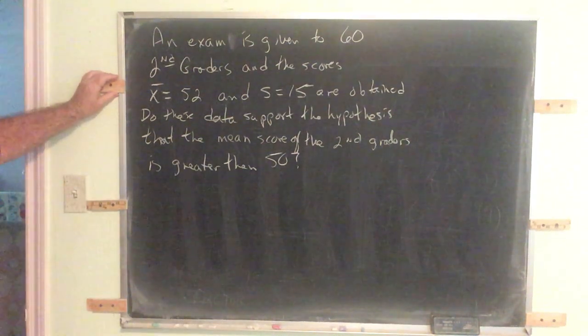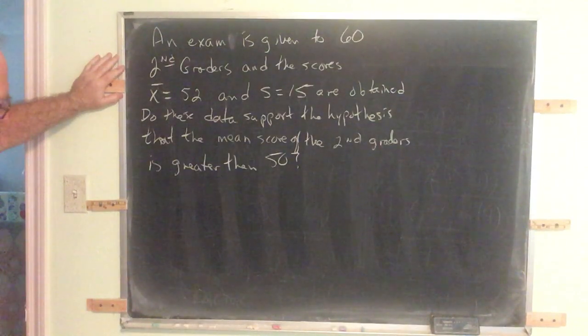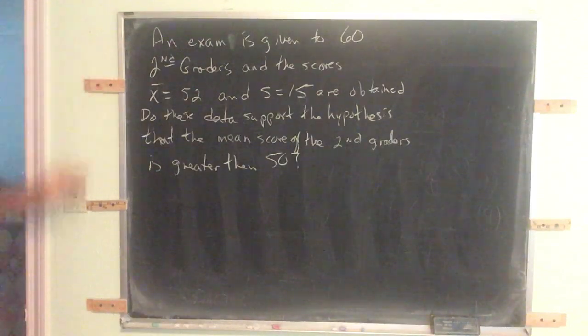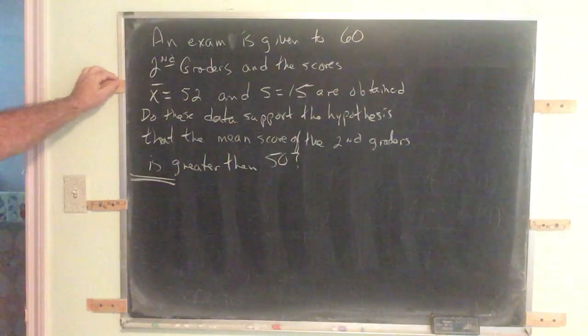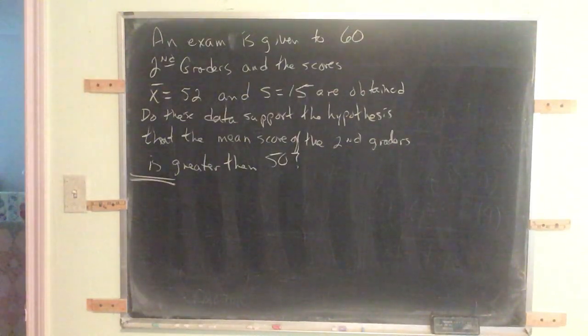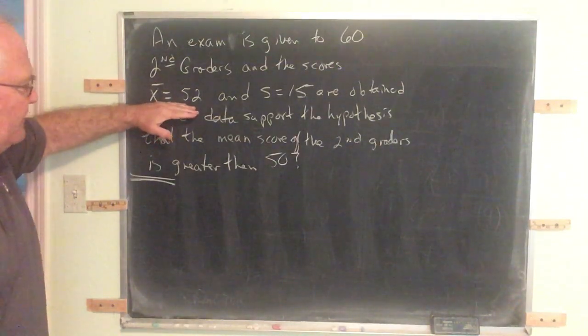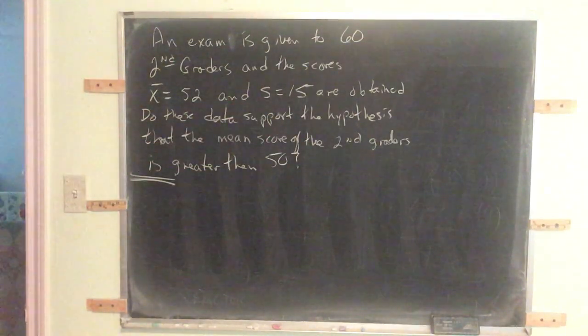All right, so what I'm going to do, I think, is run through several examples of a hypothesis test and see if we can get up to speed on the process. What we have here is in very bad handwriting. It says an exam is given to 60 second graders, and the scores x bar equals 52 and s equals 15 are obtained.